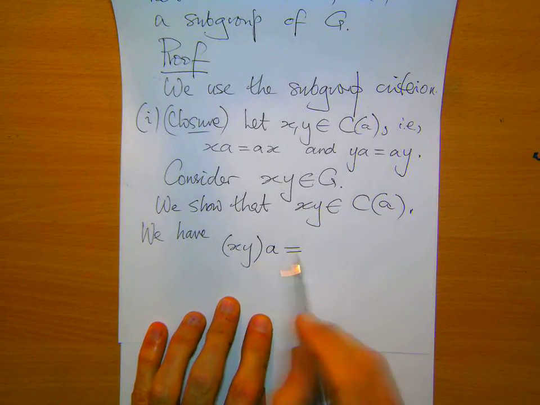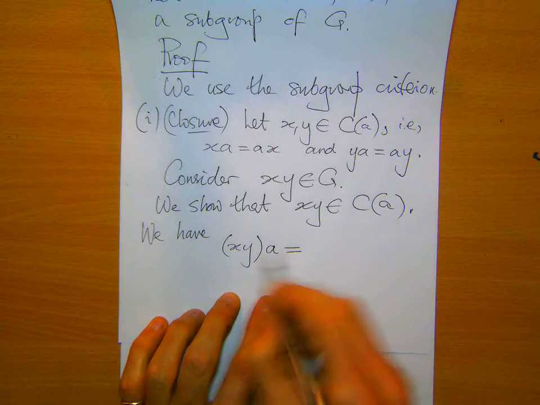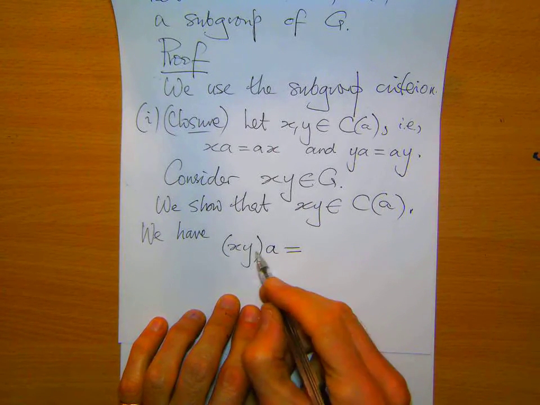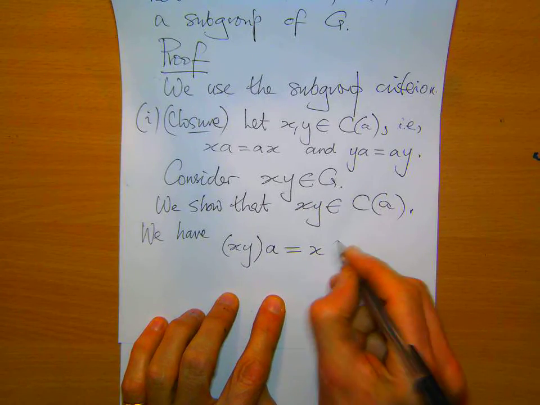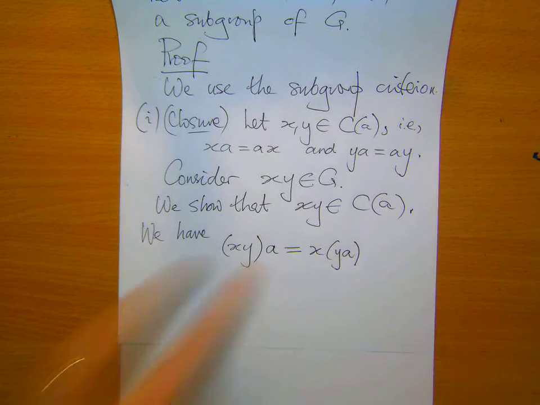I'm going to be using associativity in my group, so the first thing I'm going to do is move the brackets over and put them around YA. So that's by associativity. I'm not writing down the right-hand reasons here, but I am saying them. That's by associativity of the binary operation in G. I can always move brackets around.